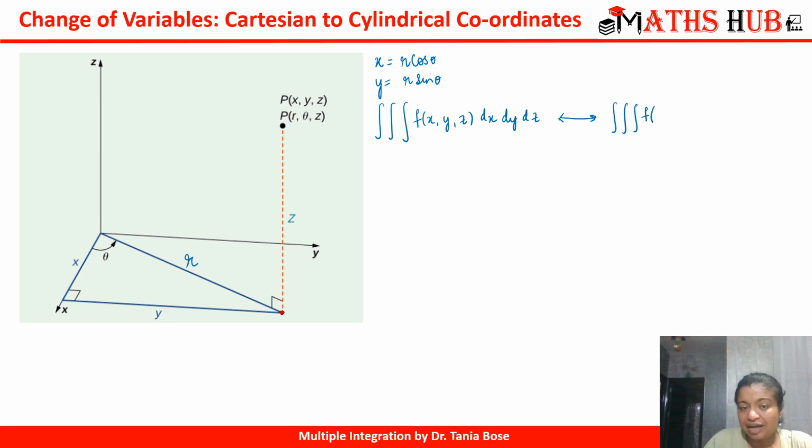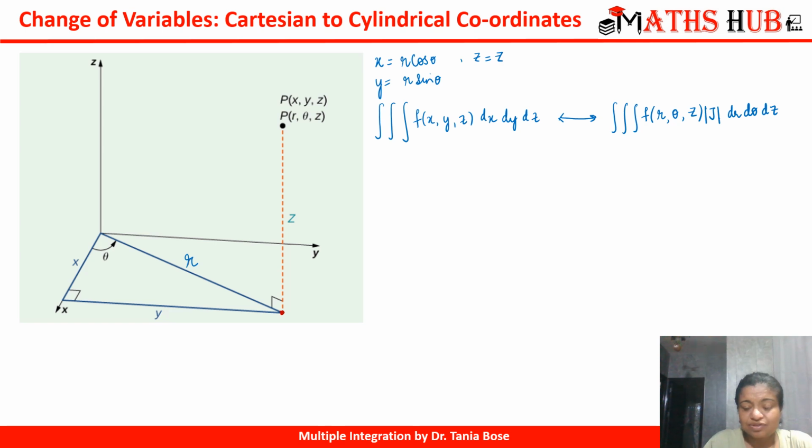The function in x, y, z will change to r, theta, z; z will remain the same. So x is r cos theta, y is r sin theta and z is the same as z. And now your dx dy dz will change to the Jacobian, whatever it is, along with dr, d theta and dz, right?